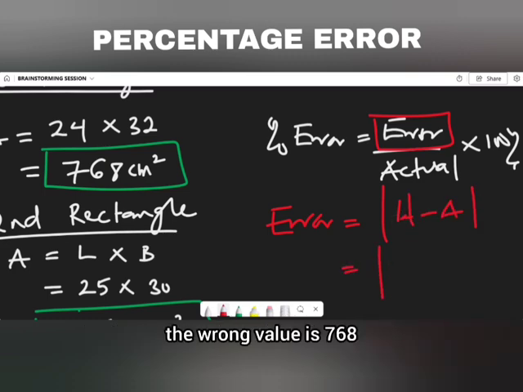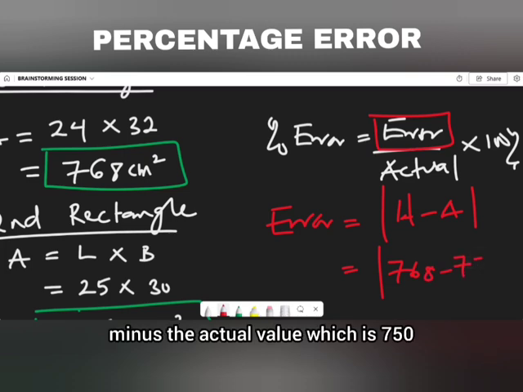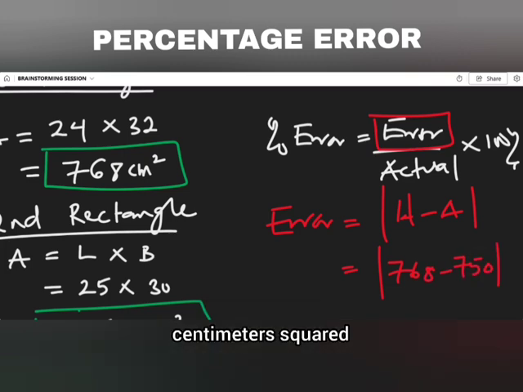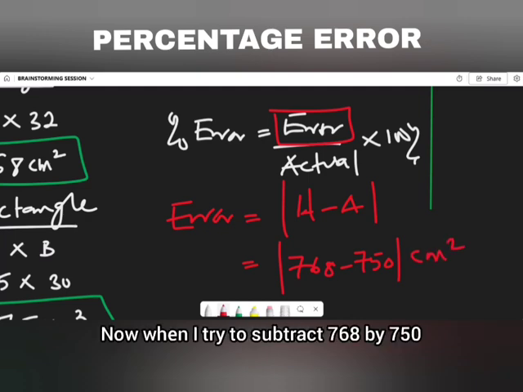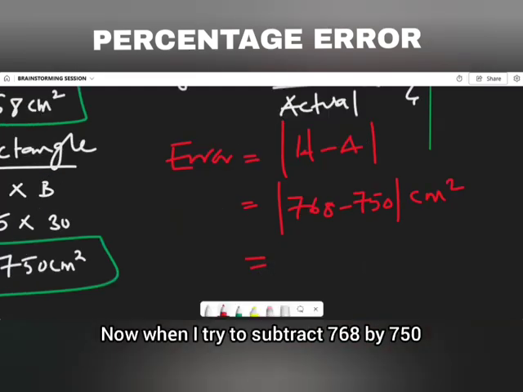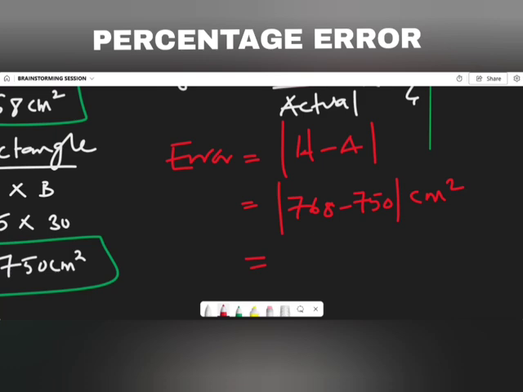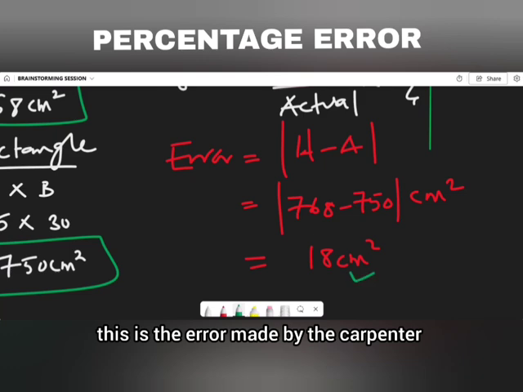The wrong value is 768 minus the actual value, which is 750 centimeters squared. Now when I subtract 750 from 768, I'm going to have my answer to be 18 centimeters squared. So this is the error made by the computer.